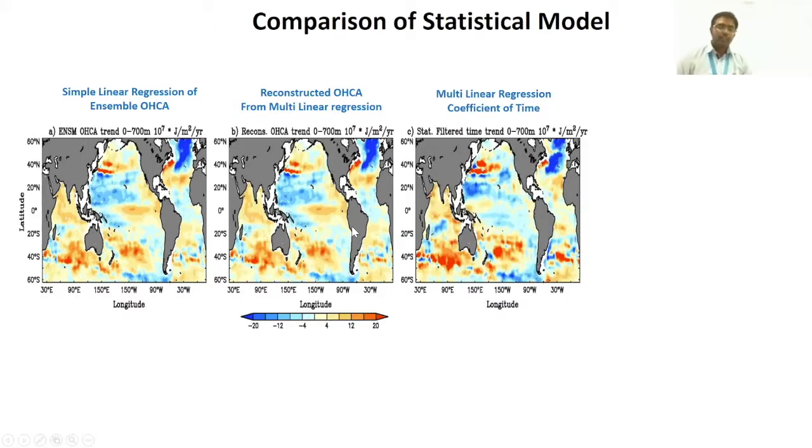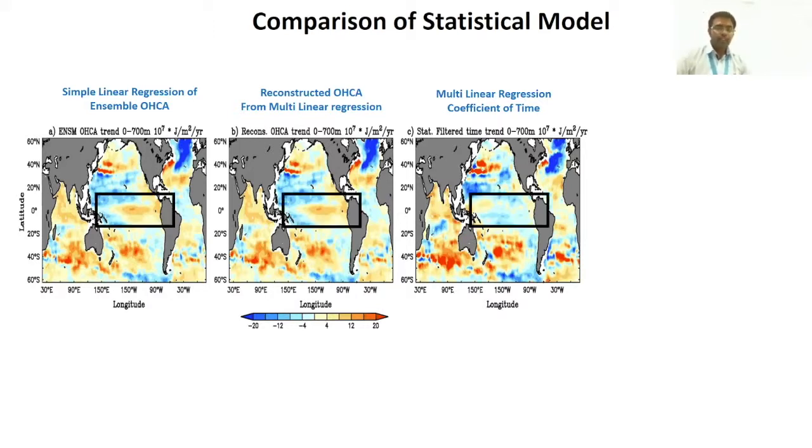After that, panel C shows the partial regression coefficient B1, which is just related to the time trend from the multilinear regression analysis.